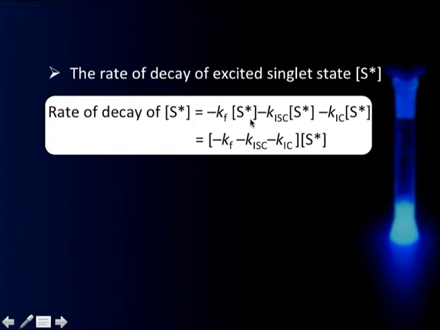So, minus kf into the concentration of the excited singlet state, that is the contribution of fluorescence to the decay here. This is the contribution of intersystem crossing, that means some component will undergo intersystem crossing, and this is the contribution of internal conversion. If you just simplify it a little, what you get is this as the expression for the rate of decay of the excited singlet state.